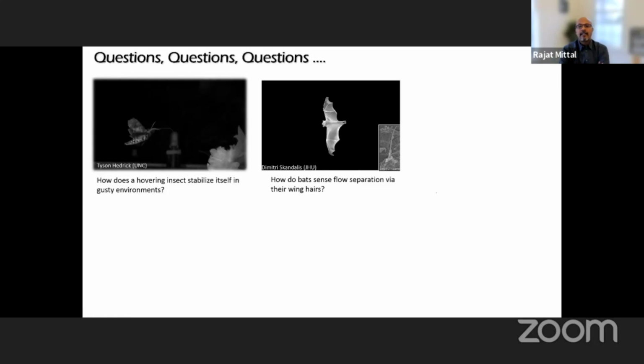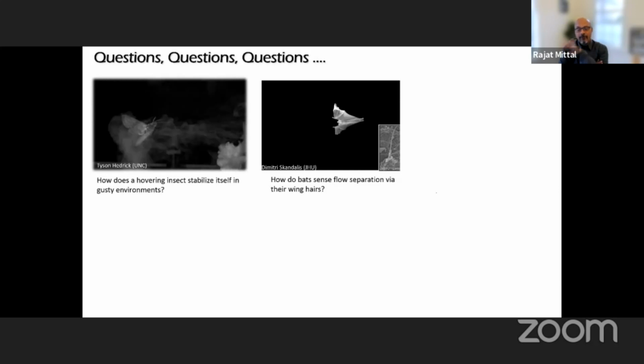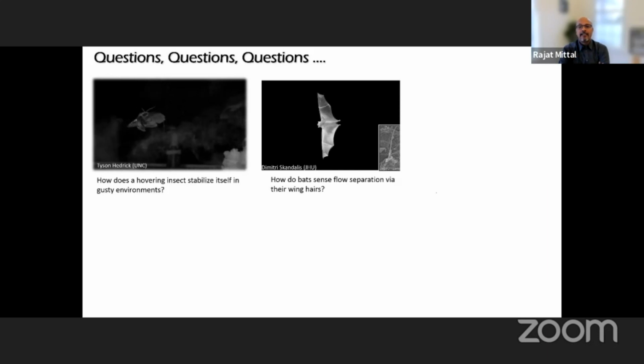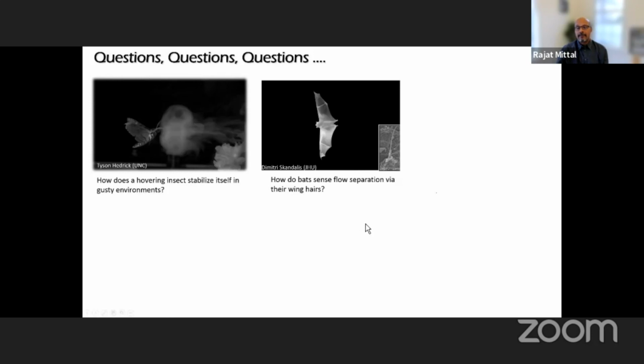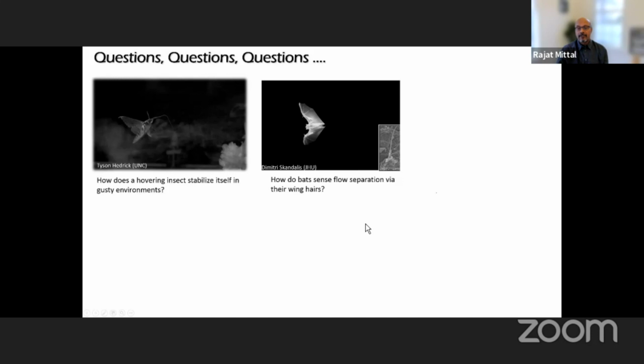It's well understood that these hairs allow the bat to sense flow separation. As the flow separates over the wing, the hairs actually provide feedback. So we are in a project where we are trying to understand how the bat uses the hair, and what kind of sensitivity the hair provides to the bat to sense different degrees of flow separation over the wing.